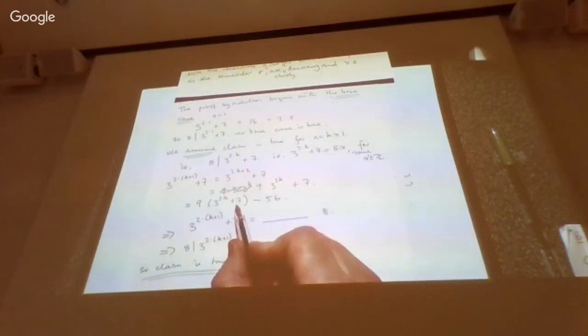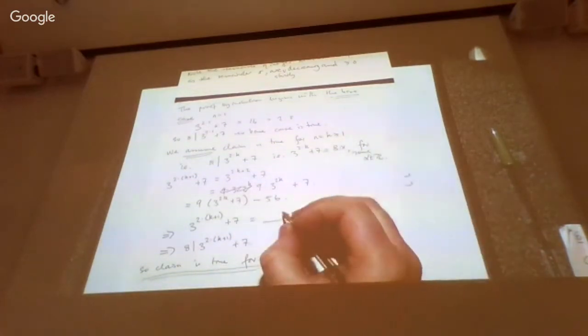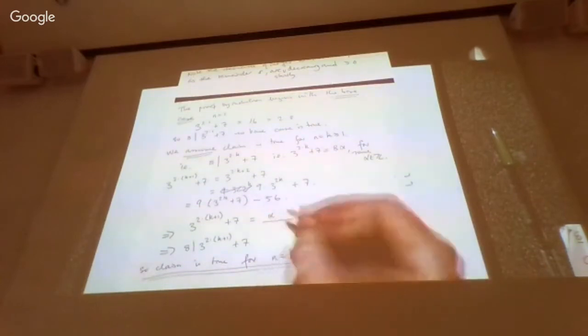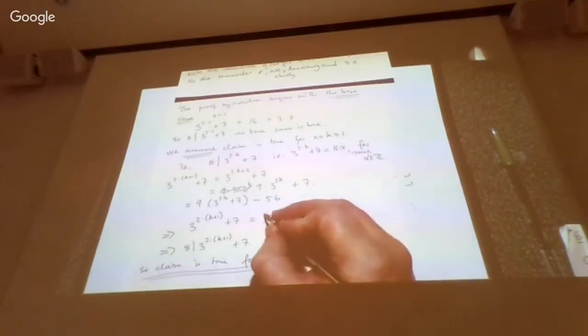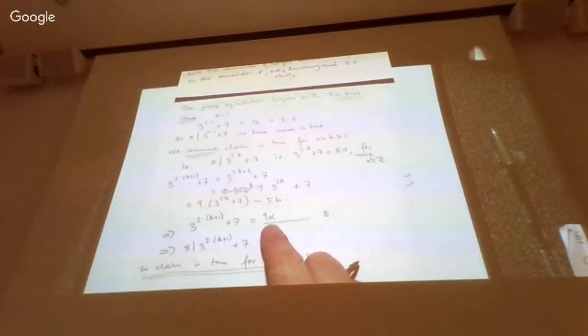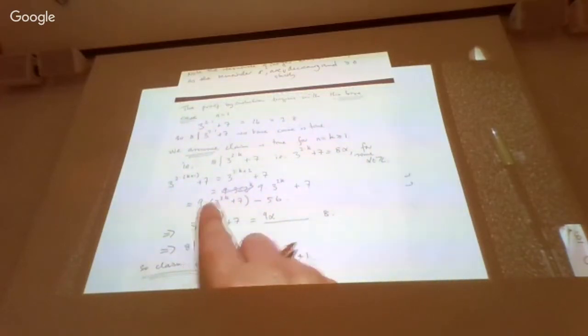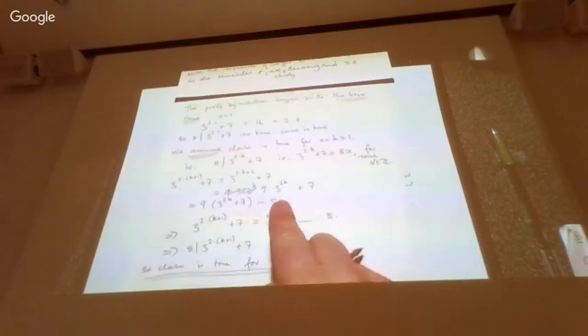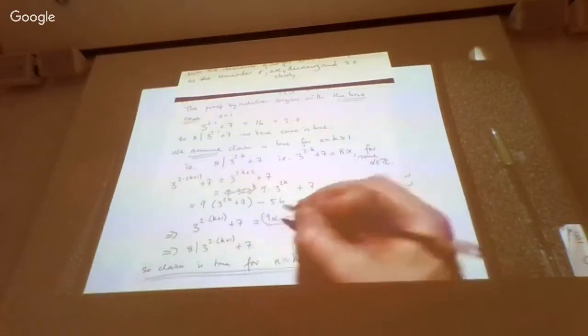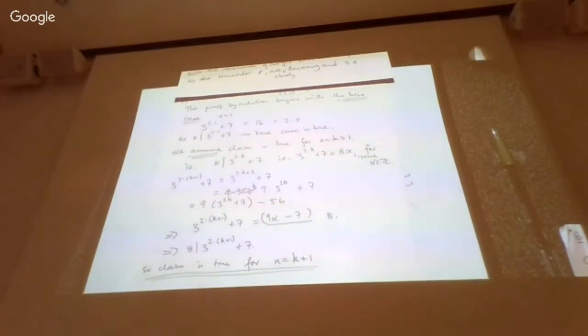You see, this 3 to the 2k plus 7 is 8 alpha, so there's my alpha. I also have to multiply it by 9, so I'll have 9 times 8 alpha. It'll give me this part, but minus 56, so it's minus 7, and it's all of that.